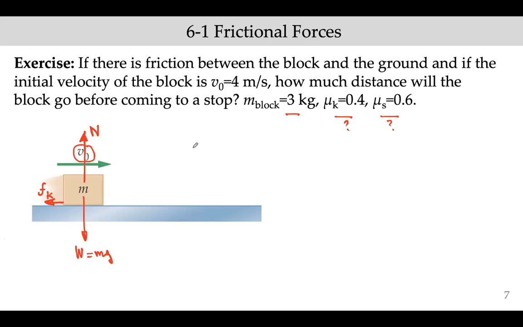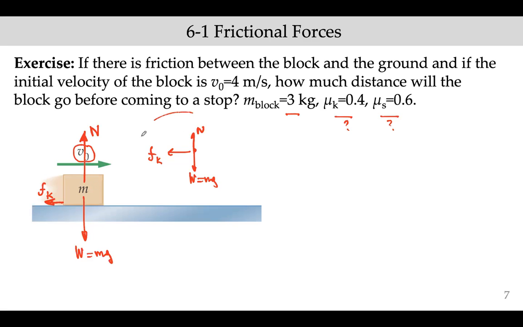If you want to do a separate free body diagram, it will look like this. So the normal force, weight, which is mg, and there is this kinetic friction force to the left. Once you get the free body diagram, you can draw it separately, or you can show the forces on the block.